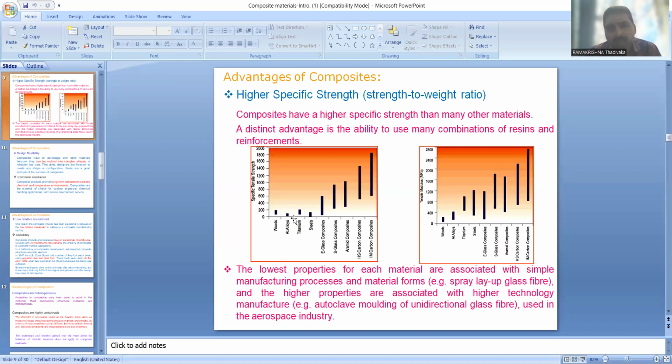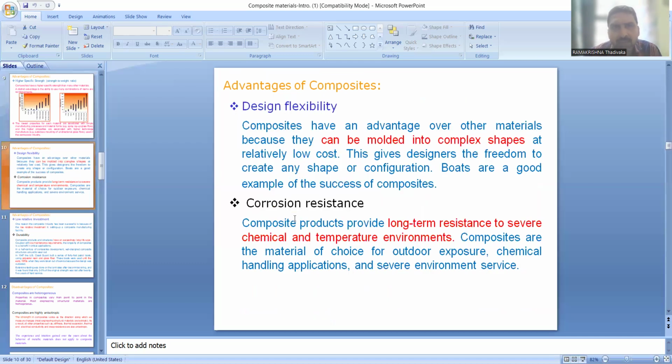The lowest properties for each material are associated with simple manufacturing processes and material forms, such as the spray layer process, particularly for glass fibers. Higher properties are associated with higher technology manufacturing, such as autoclave molding of unidirectional glass fiber used in aerospace applications, right?